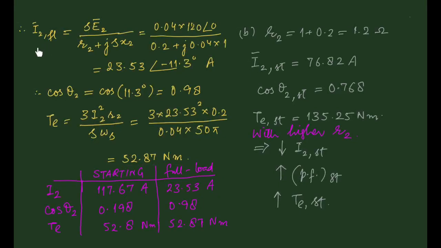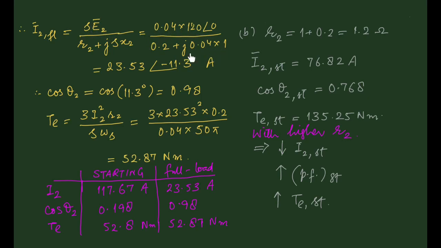Hence I2, the rotor current under full load conditions, will be given by S E2 divided by R2 plus j S X2. We'll put the full load slip value here, which is 0.04.